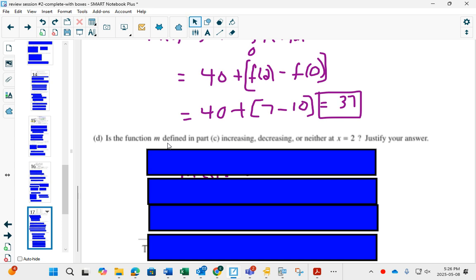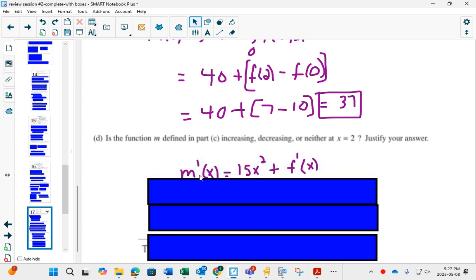And is this function m increasing, decreasing, or neither at x equals 2? Justify your answer. Well, how do you find out if a function is increasing or decreasing? You find its derivative, and you plug the number into your derivative. So what we predicted is going to happen right now. We're going to find our derivative. This is going to just be 15x squared.